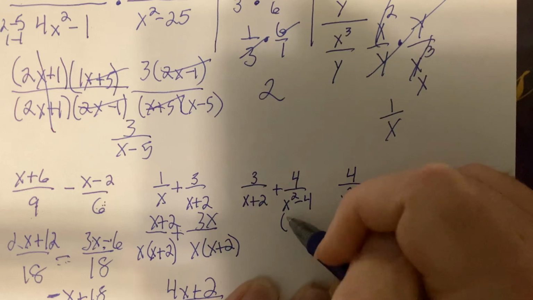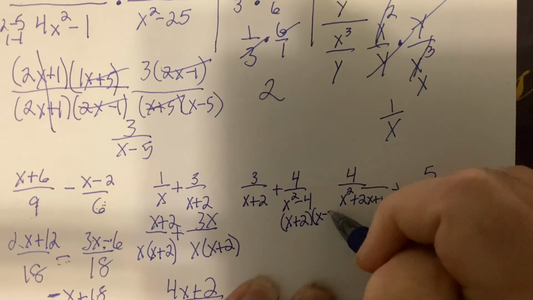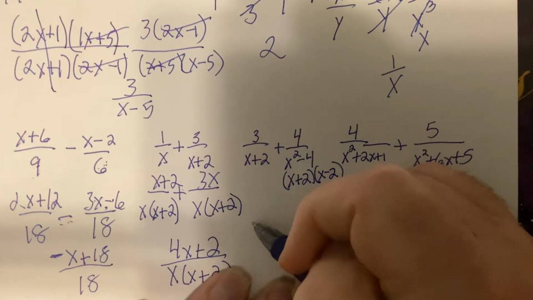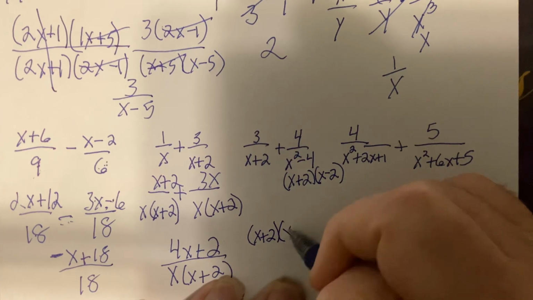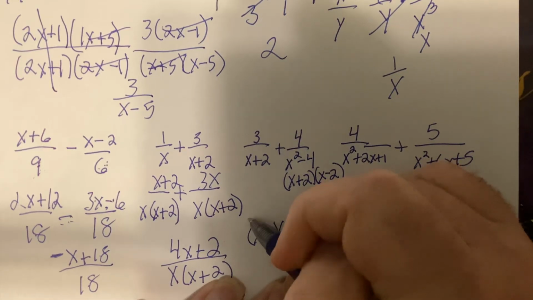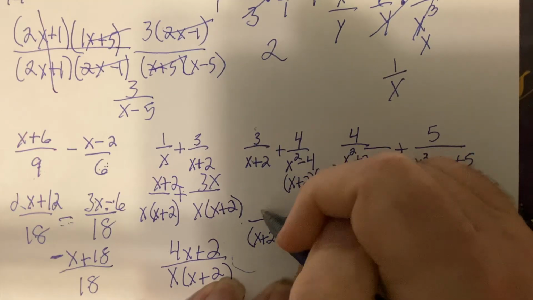So this one, factor, this is difference of squares. So the LCD would be x plus 2, x minus 2. Now I'm running out of room, so I'm going to skip a step here. Multiply the top and the bottom by x minus 2.